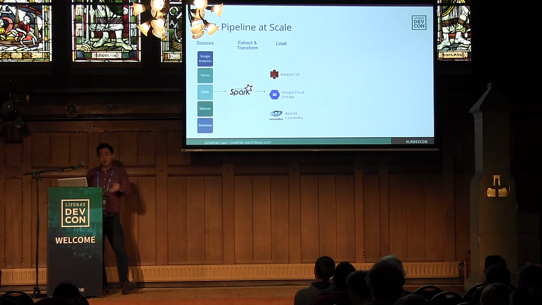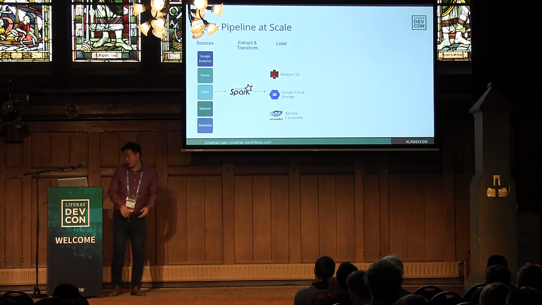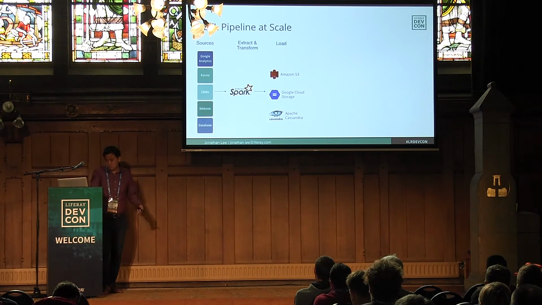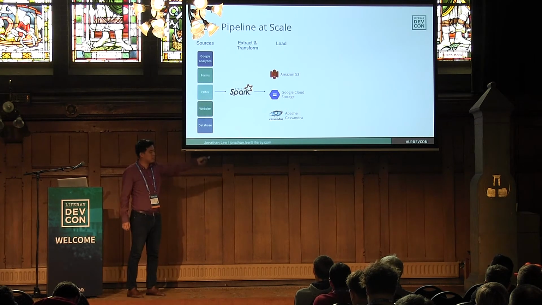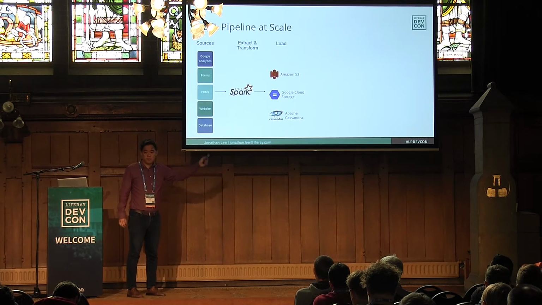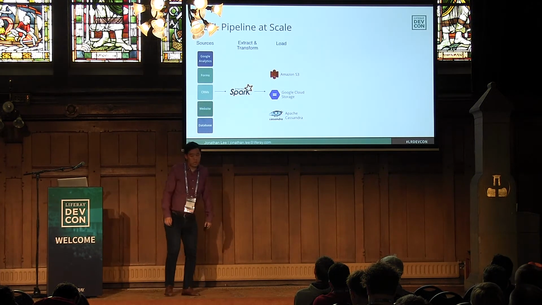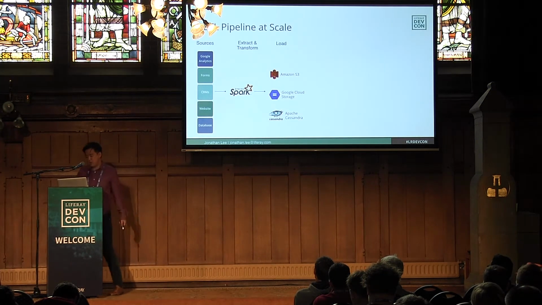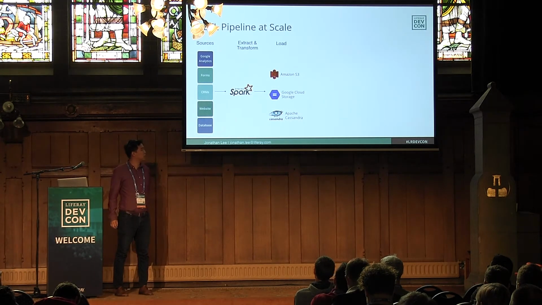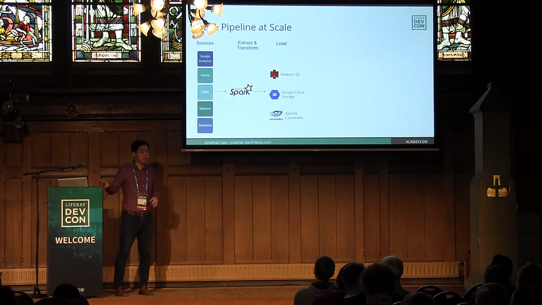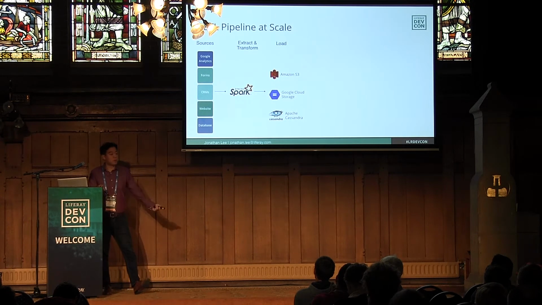And then you will convert some data fields into a standard format for easy analysis later. Then you will load it to a data store, and this is the first stage of the data store. The data here is still a little bit raw, only going through slight transformations. It is also unstructured. So some of the technology that is good here will be Amazon S3, Google Cloud Storage, if you want to store the data in the cloud. For on-premise purposes, you can use Cassandra or other NoSQL databases.